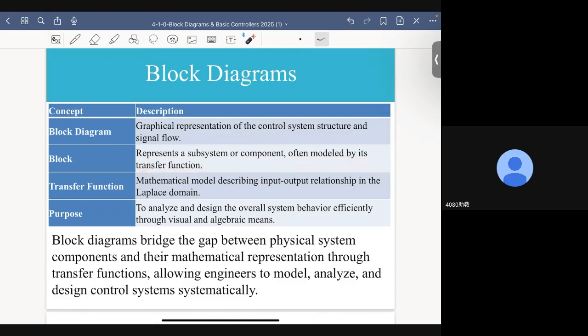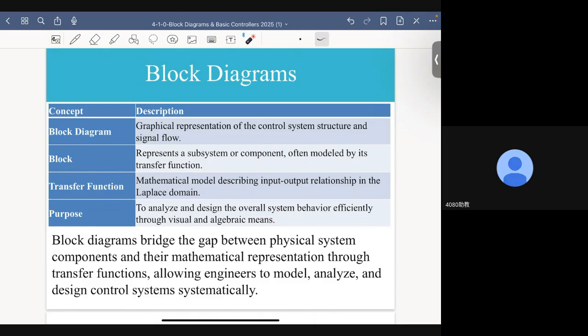So within every block, we have a subsystem, and the mathematical model of that subsystem is its transfer function. So the manipulation of the block diagram is in the s domain.